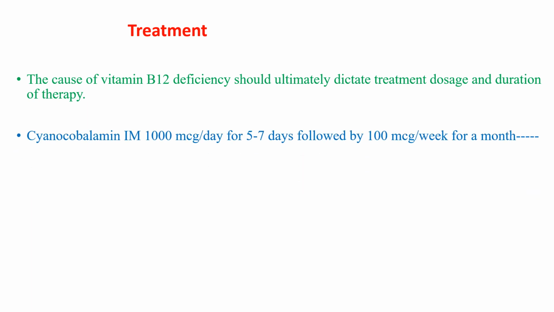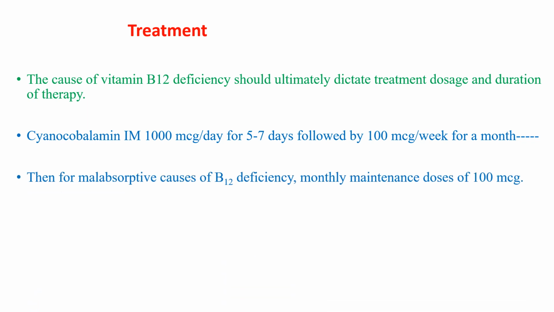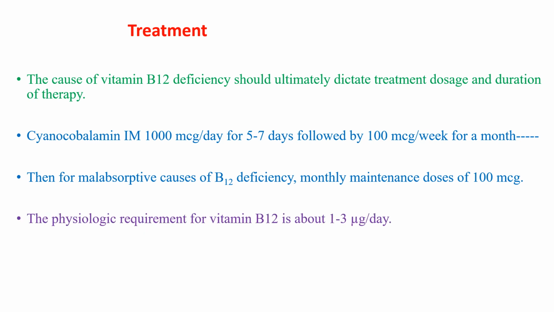Cyanocobalamin, 1000 microgram IM daily for 5 to 7 days, followed by 100 microgram per week for a month, is enough if the cause is reversible. But if it is from malabsorptive causes such as intrinsic factor deficiency, a monthly maintenance dose is given for life. The physiologic requirement for B12 is around 1 to 3 microgram per day.